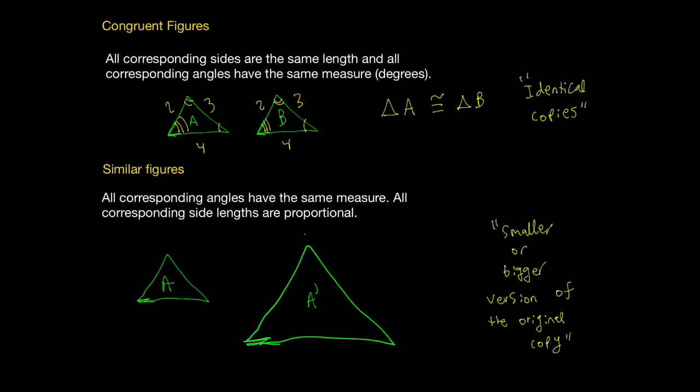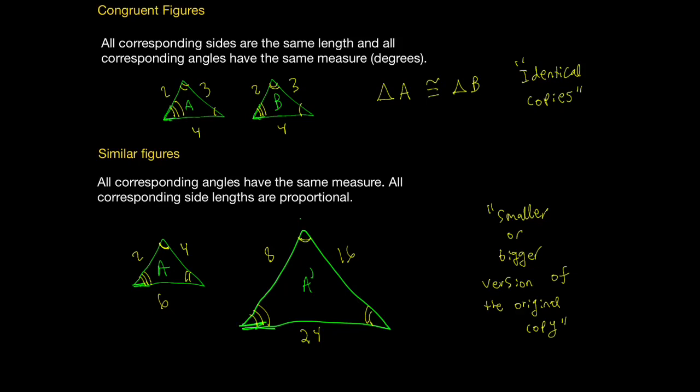Here, like congruent figures, the corresponding angles are the same. So let's say all of these angles are the same. However, the lengths intuitively should not be the same, because again, we're making the picture either smaller or bigger. So suppose that this was 2, this was 4, and then this was 6, and let's say this one was 8, 16, and 24.